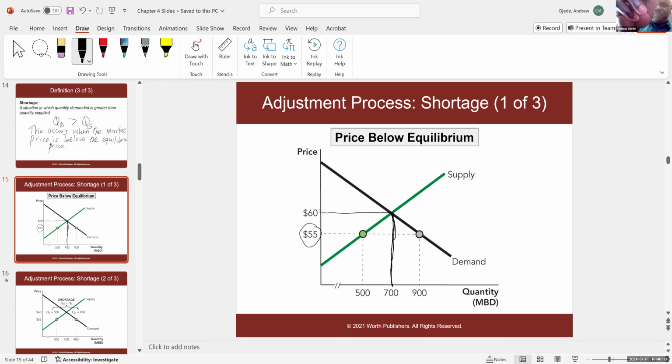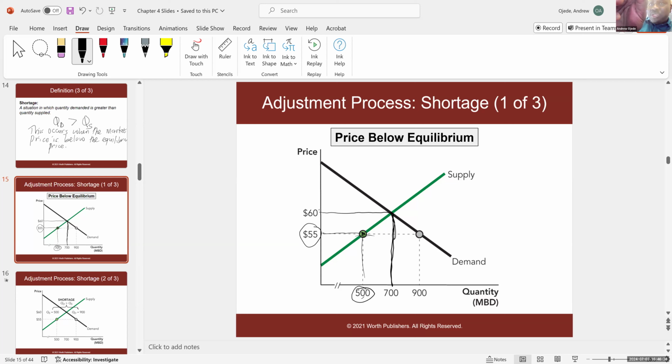So when the price is $55 a barrel, you draw a line, you hit the supply curve. The supply curve is the green line. You hit the green line, you read the quantity supplied here. So that means the producers of oil will want to supply 500 million barrels per day when the price is only $55. But because the price is too low, buyers of oil find that attractive.